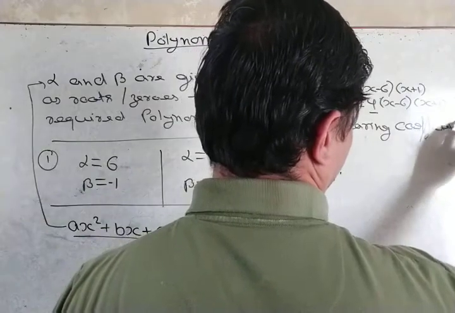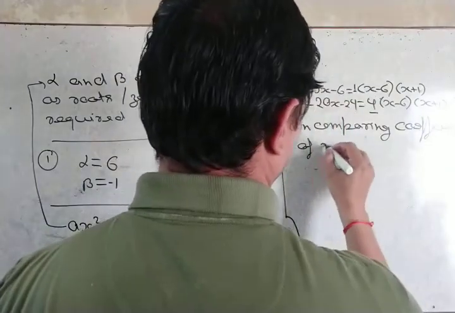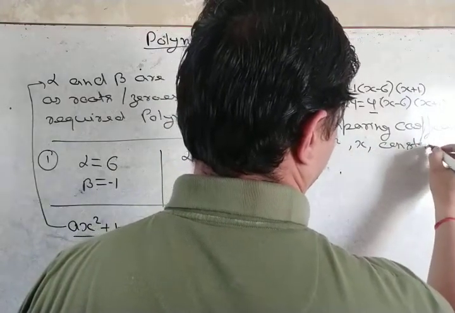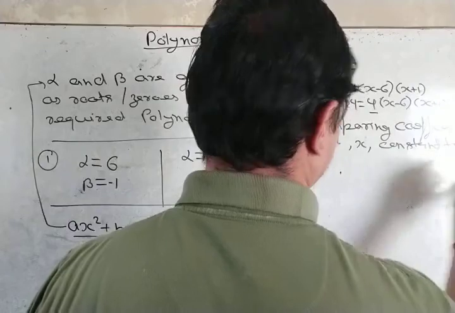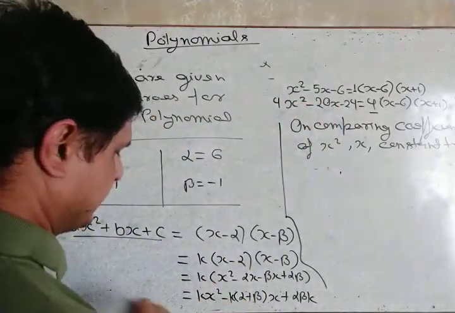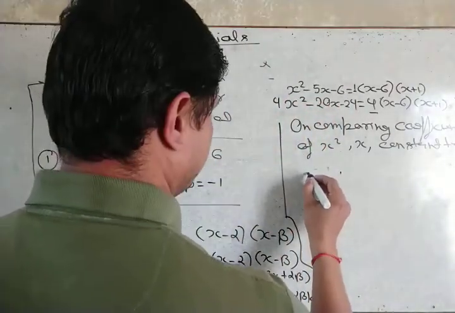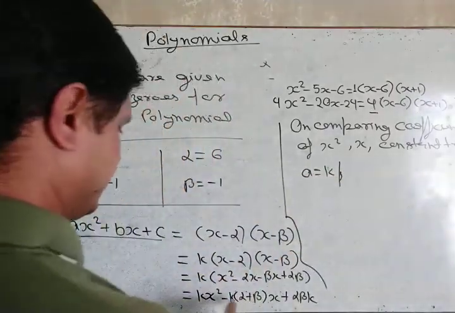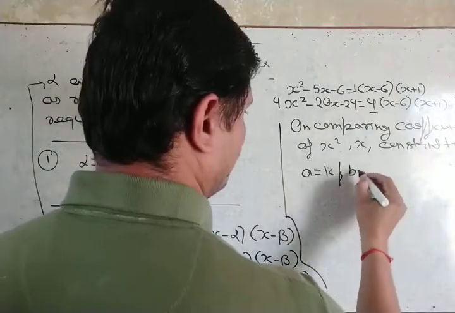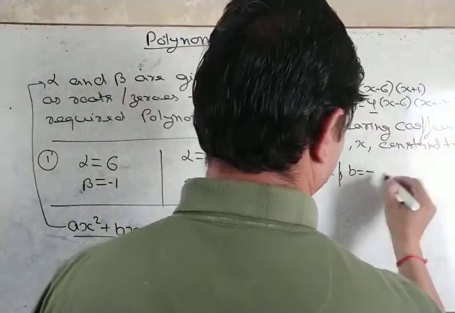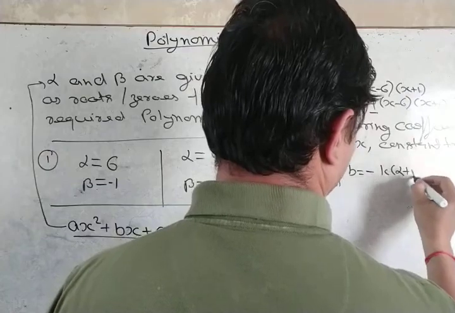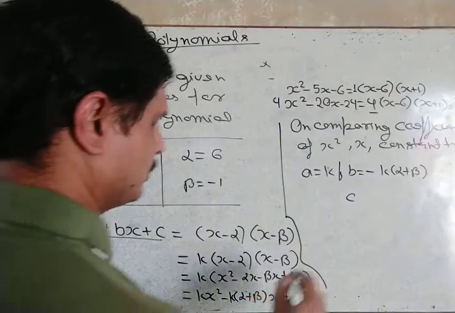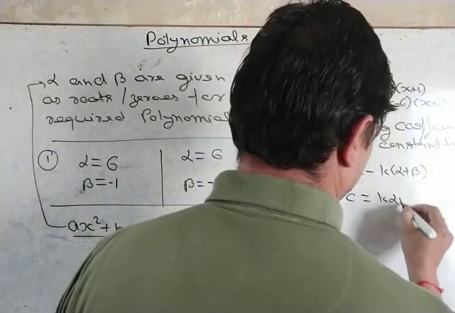So on comparing the coefficients of x square, x and the constant term, what will we get? Let us see. A is equal to k, B is equal to minus k times alpha plus beta, while C is equal to k times alpha beta.